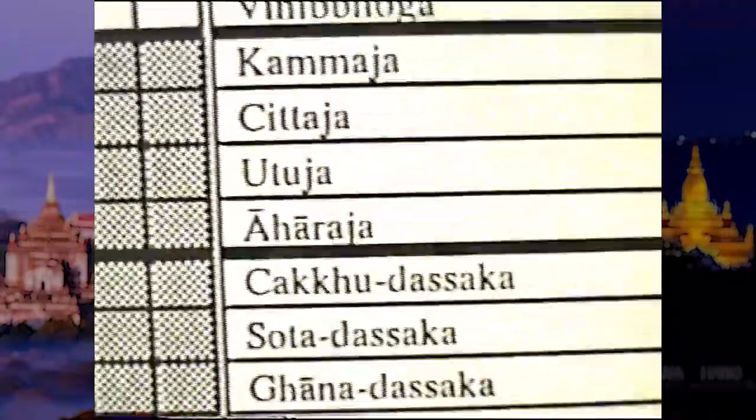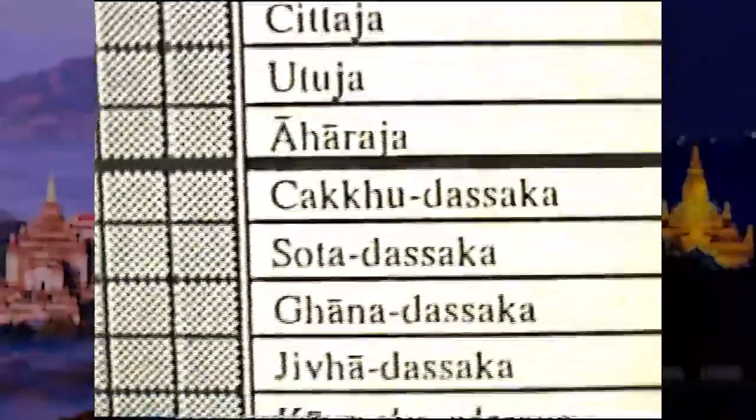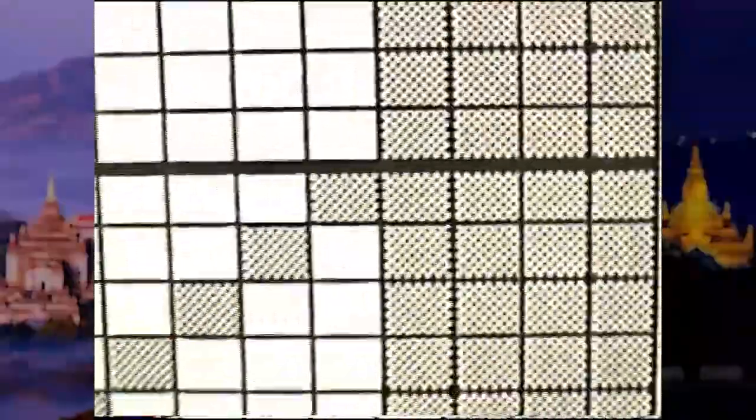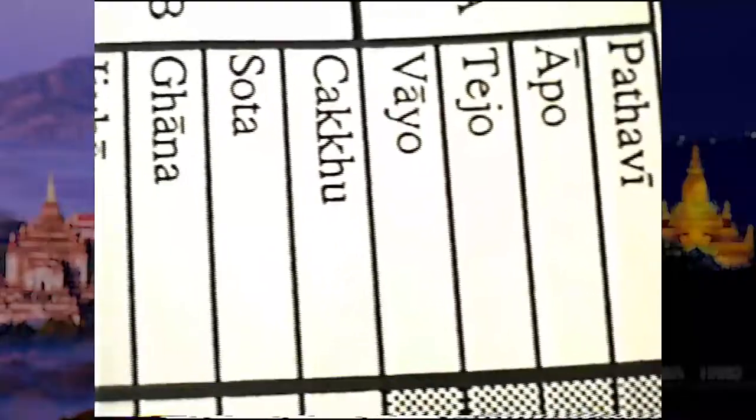Dasaka means a group of 10, and Chakku means eye sensitivity. So a group of 10 material properties marked by eye sensitivity is called in Pali Chakku Dasaka, and in English, eye decade.